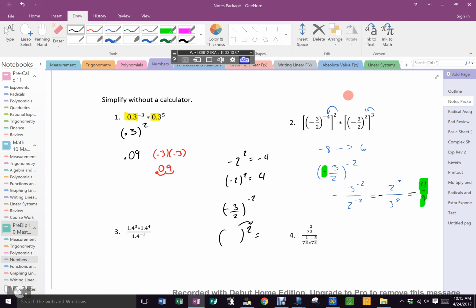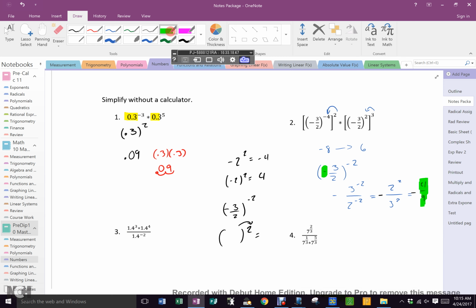Anything weird about it? It's only weird when you look at it, right? Because it looks bad. But what is it really? Same base.